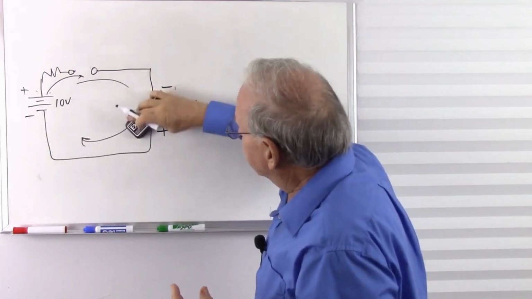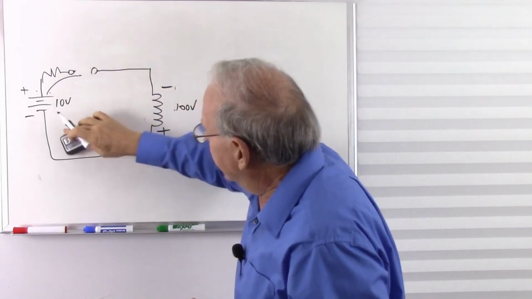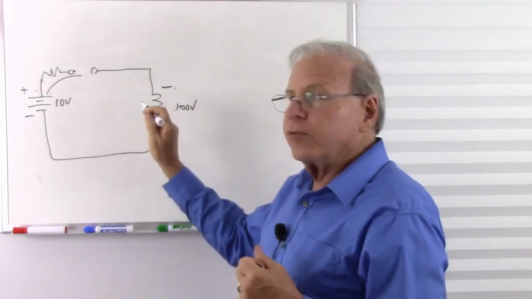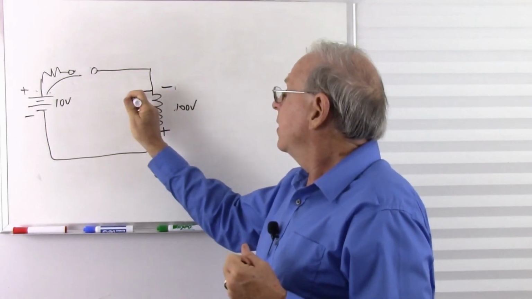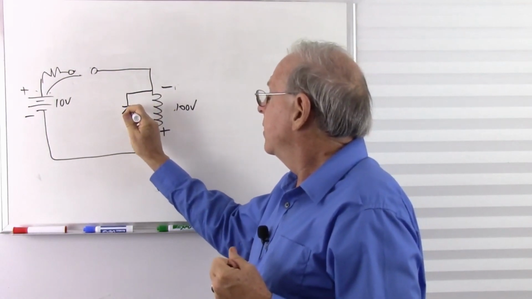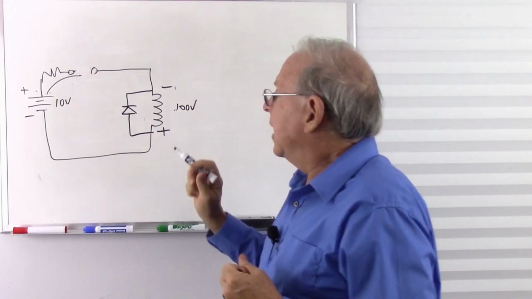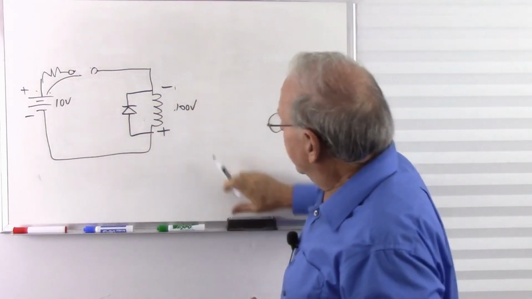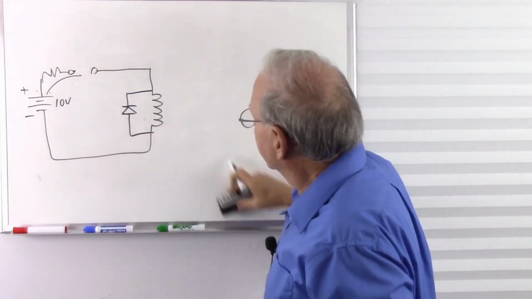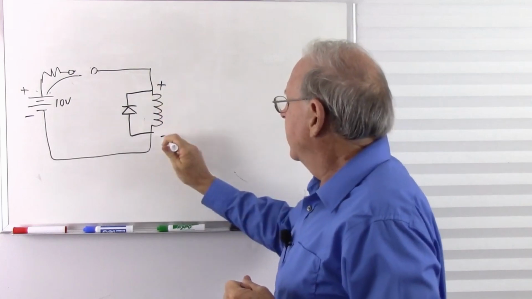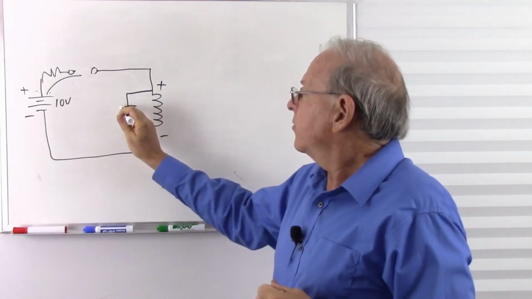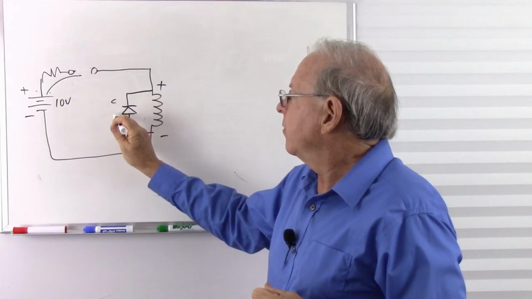So how do we mitigate that? Well, we mitigate it often with a diode. And which way do we orient the diode? In that direction, because when it is building and the voltage is that polarity, we have the cathode and the anode.